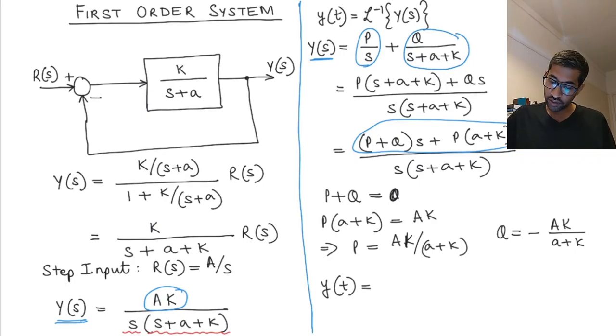So your y of t is going to be, actually, P, because you have P multiplied here. So P plus Q e to the power minus (a plus K) t. So that is going to be your inverse Laplace transform.